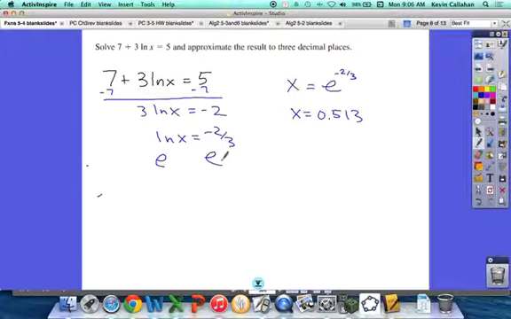We'll do that to both sides, so it's equal. Now we've got e to the ln of x on the left and e to the negative 2/3 on the right. Well, e to the ln cancels each other out, just like ln of e cancels each other out, right? That's the difference between f of f inverse or f inverse of f. It doesn't matter the order, they will cancel each other out. So we just get x equals e to the negative 2/3.